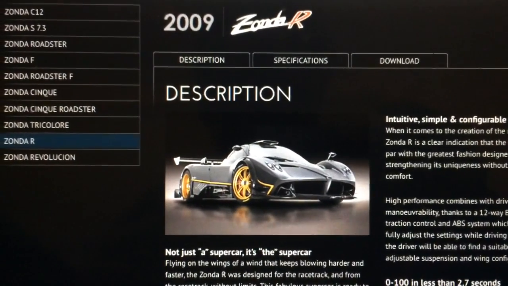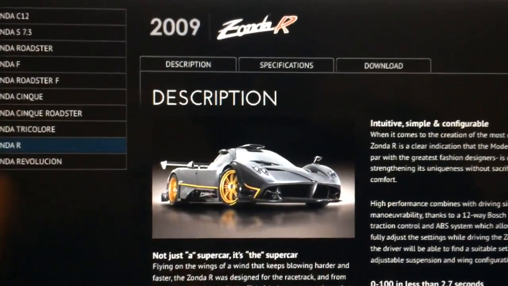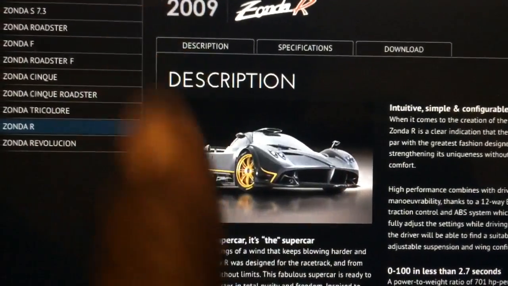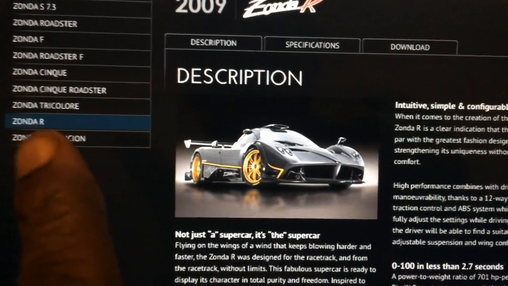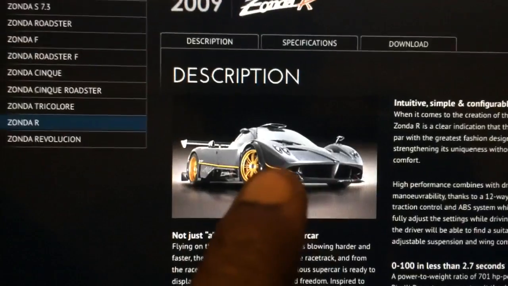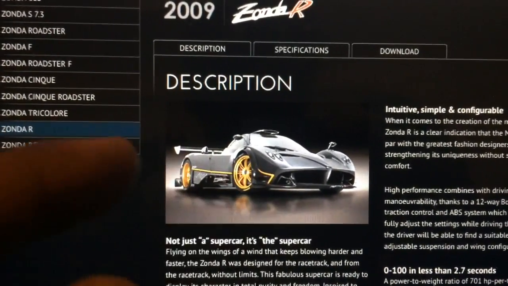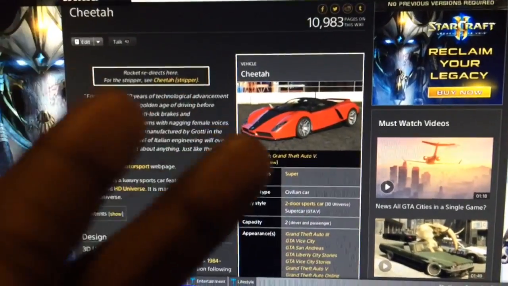Now, when it really comes down to the name Zandar, this is something that we missed from the very beginning, connecting certain things. Now, I'm going to ask you something. Why is it that Zonda makes an R type that correlates with the actual design of a car that we have within GTA 5? So now what we're taking a look at here, you guys, is the Cheetah.